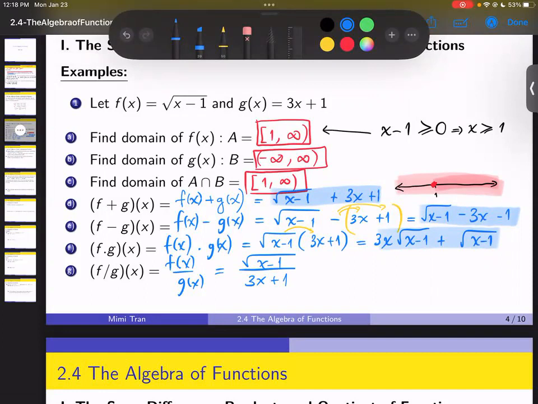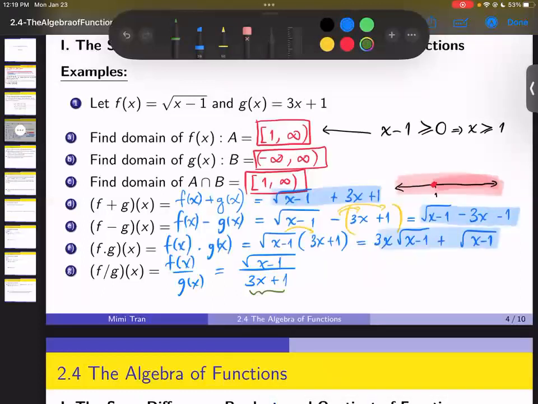It's something about the domain. Yeah, right. So in addition to the domain that we had above, there's one more, which is the denominator cannot be 0, which is this right here.